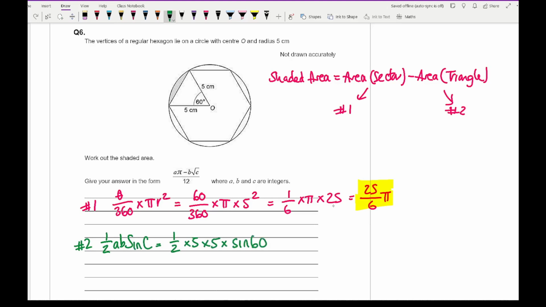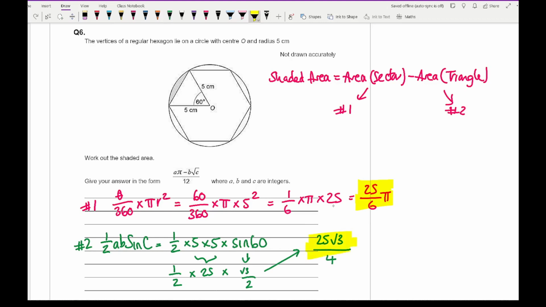Now you should recognize that sine 60 is an exact value trig, which we need to remember, and if you remember it correctly, it is the value of √3 over 2. So this is √3 over 2, this is 25, and that is a half. So if I multiply all of those three things together, I get 25 √3 over 4.